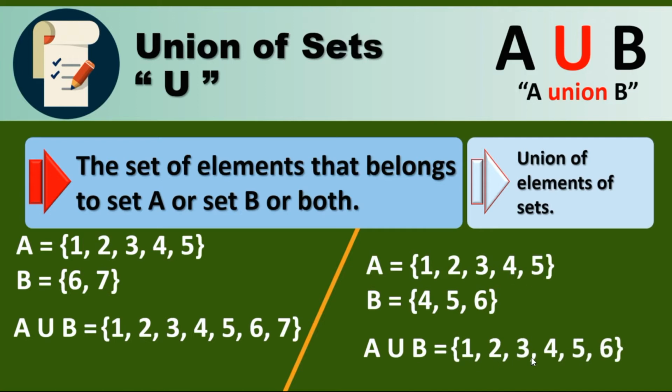Since 4 is already in set A, we don't need to repeat it, and the same with number 5. Yet 6 is not in A, so we need to put it in the resulting union of sets. That's why A union B is equal to the set that contains 1, 2, 3, 4, 5, and 6. Very good.